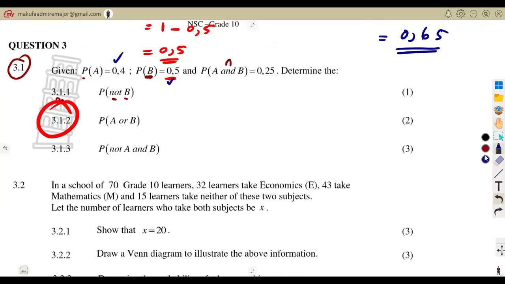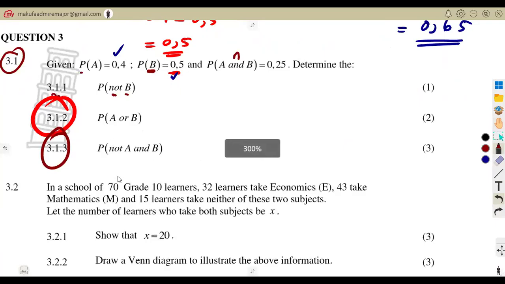Then this one, the probability of not A and B. I discussed this question and we had a lot of views and confusions from that type of question. When you read, you do not read the way that you want as an individual. Read according to the way that you are given.